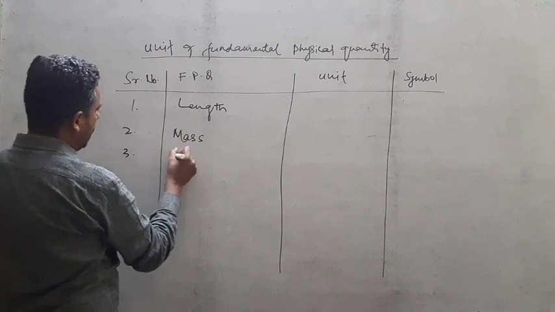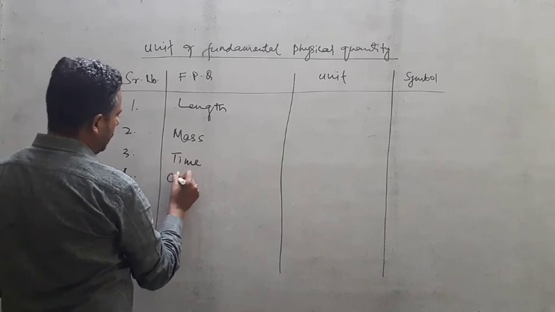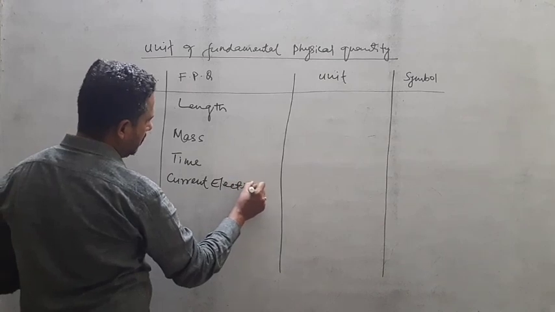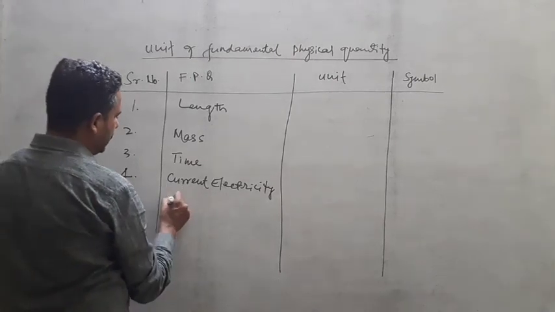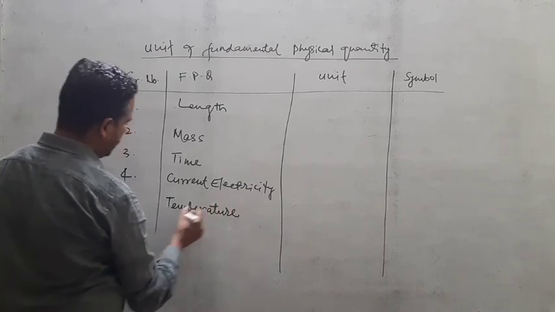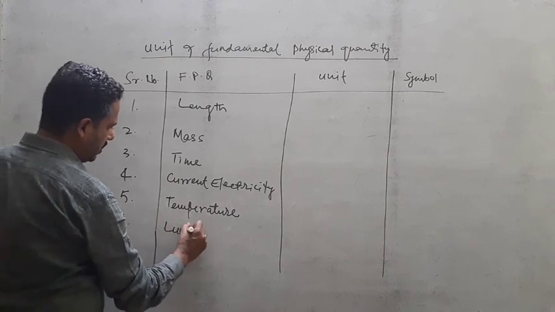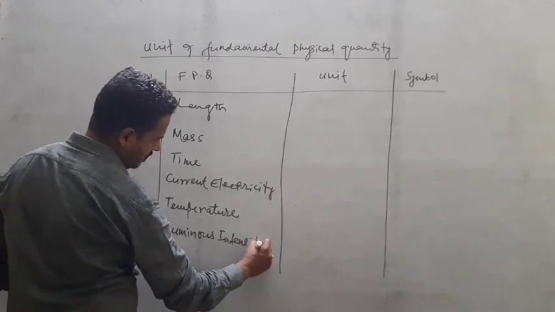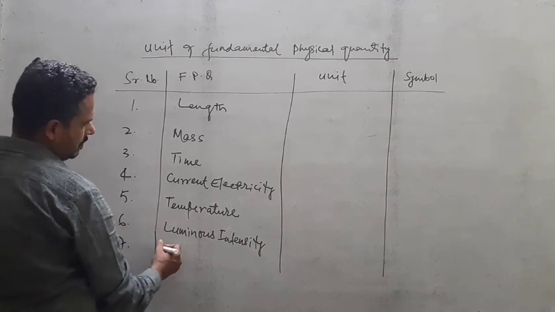Third is time. Fourth is current, electricity. Fifth is temperature. Sixth is luminous intensity. Seventh and last is amount of substance.